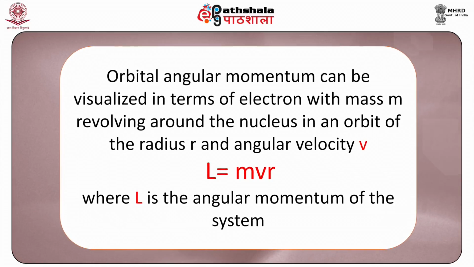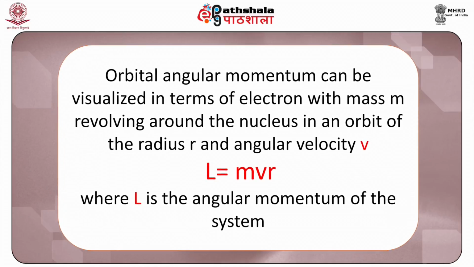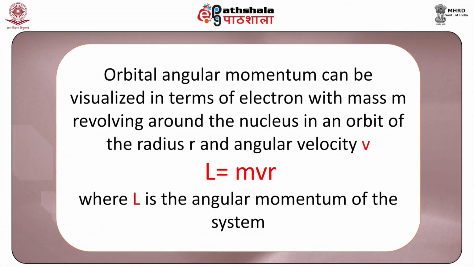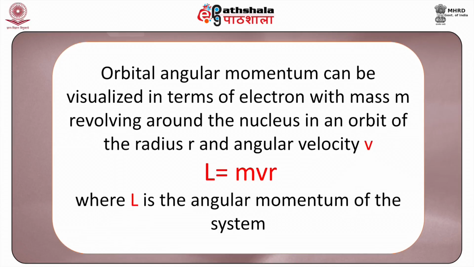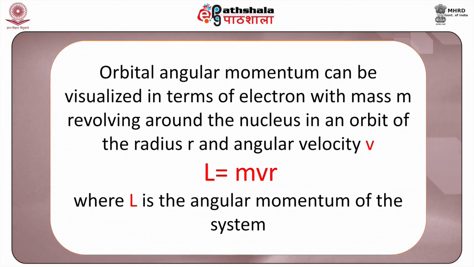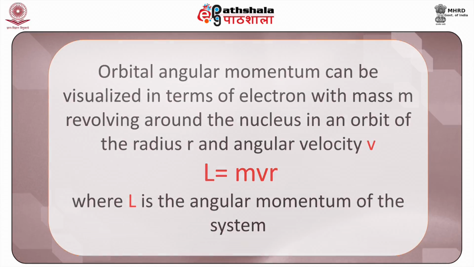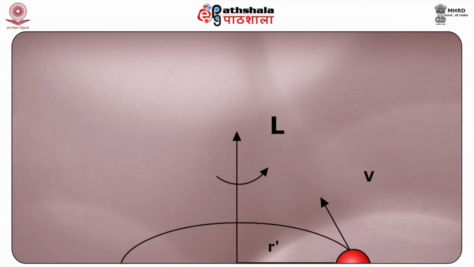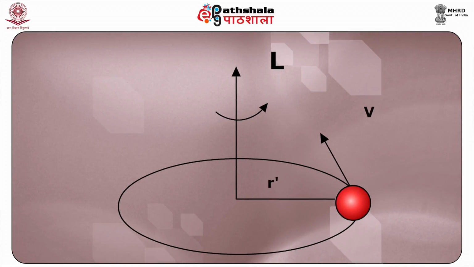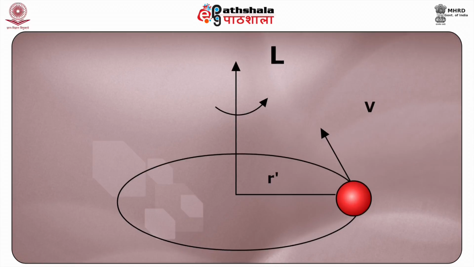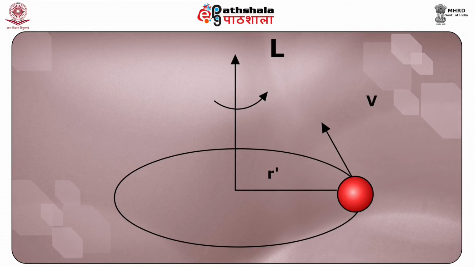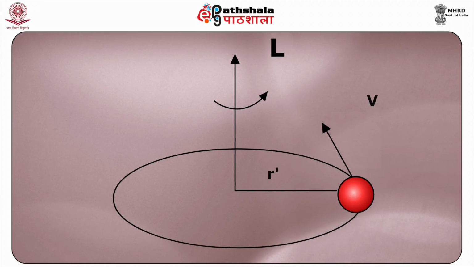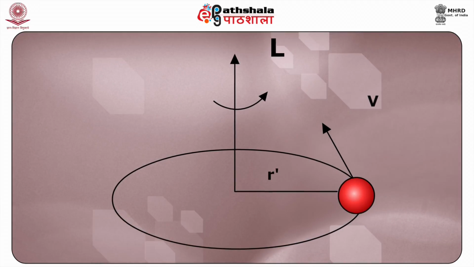The expression is now given as L = m v r, where capital L is the angular momentum of the system. The orbital angular momentum can be represented by a vector. The vector representation of the electron rotating in Bohr's orbit.